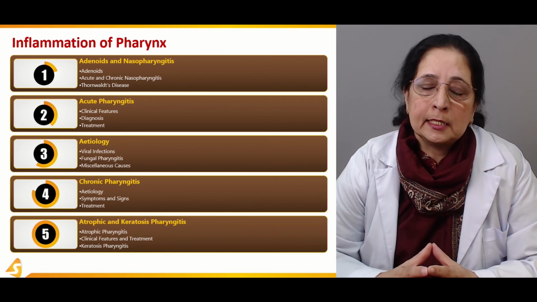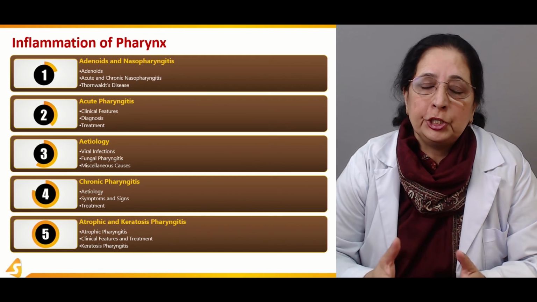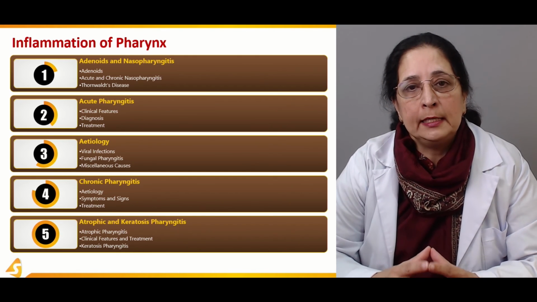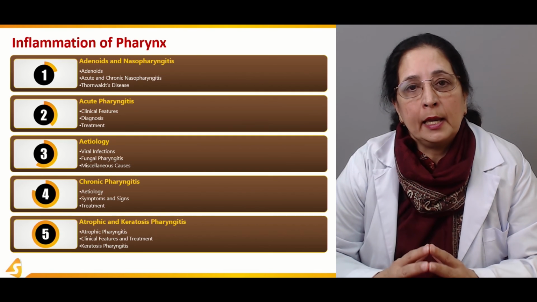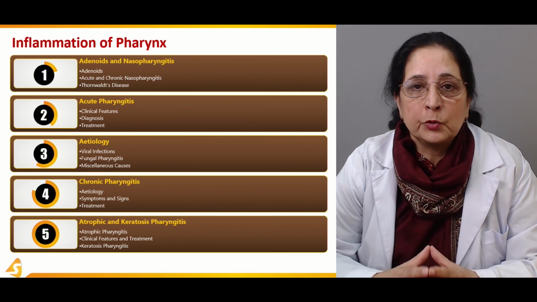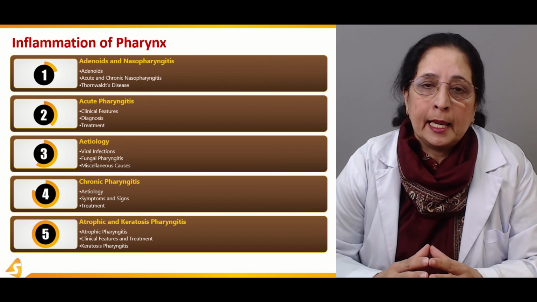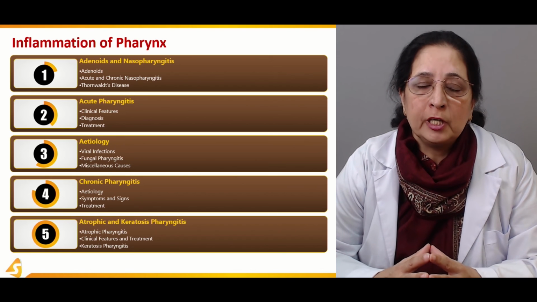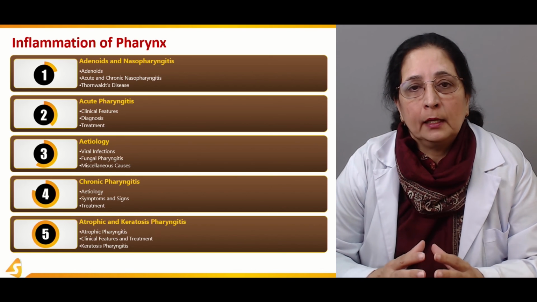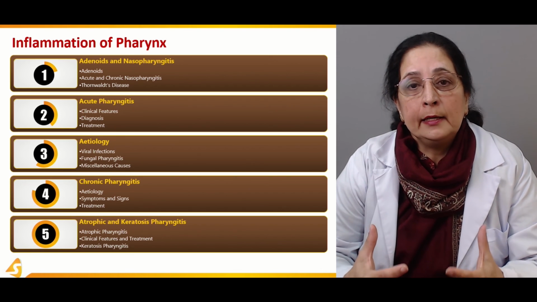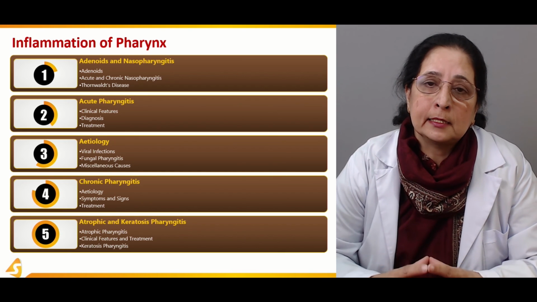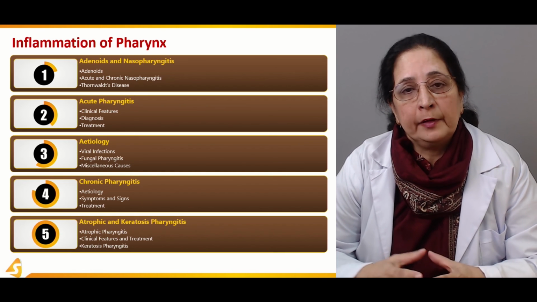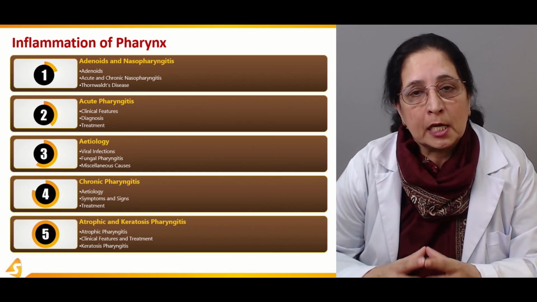So we will discuss the presentations of patients with these two types of pharyngitis, how atrophic and keratosis pharyngitis can be diagnosed and treated, and what clinical presentations tell us that this is atrophic and keratosis pharyngitis.